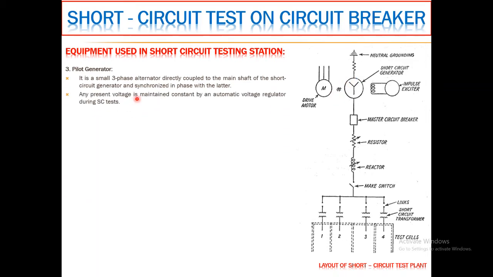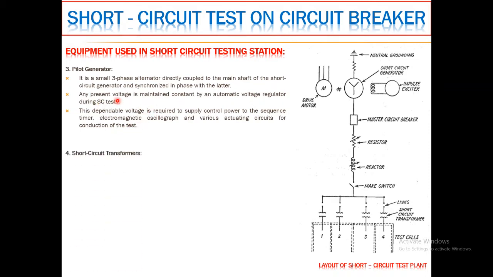The preset voltage is maintained constant by an automatic voltage regulator during the short circuit test. This dependable voltage is required to supply the control power to the sequence timer, electromagnetic oscillograph, and the various actuating circuits for the conduction of the test. So this is the requirement of the pilot generator.